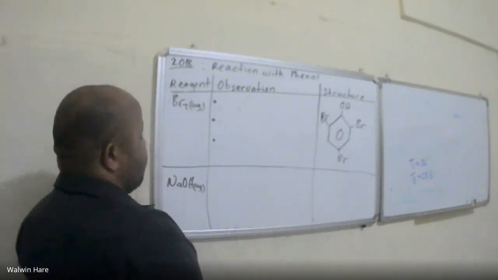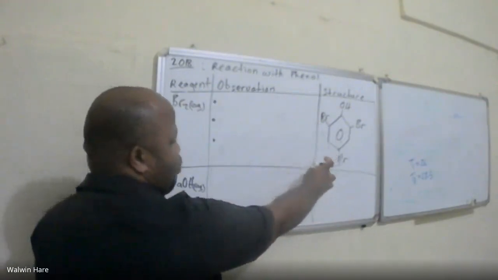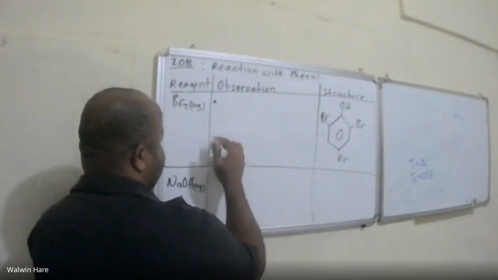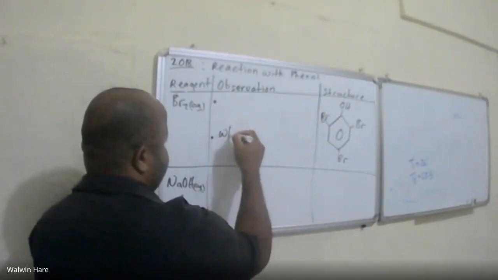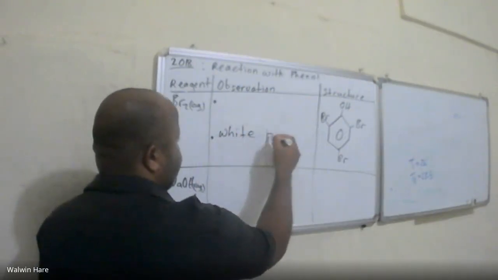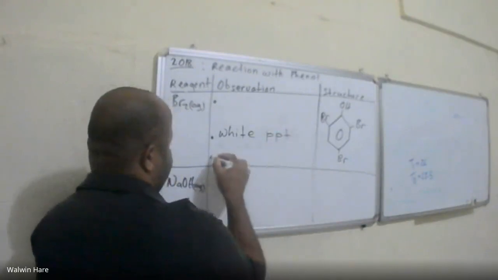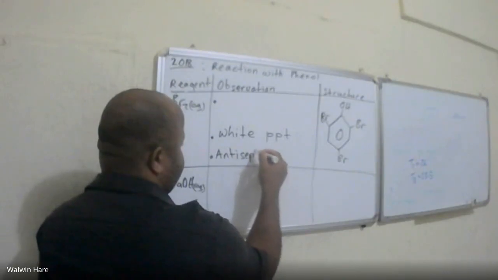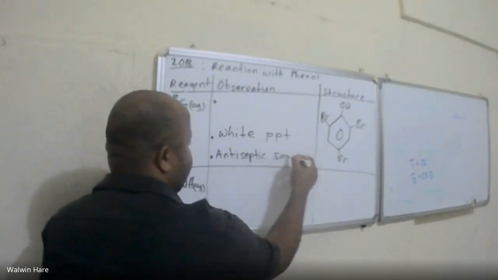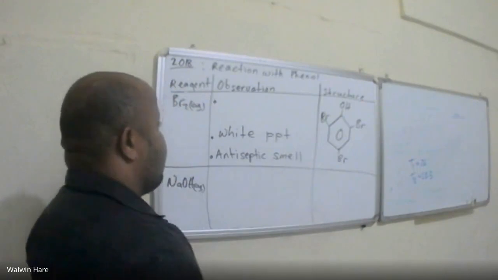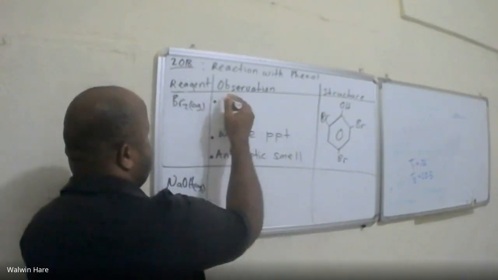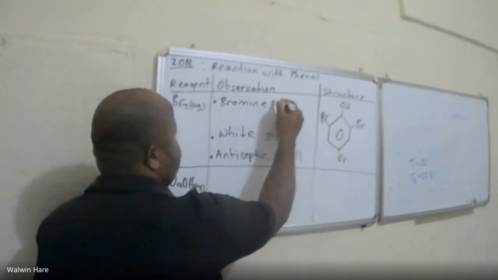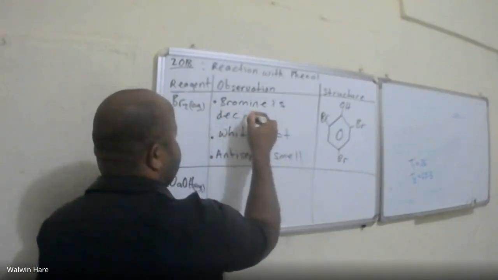Now, 2,4,6 tribromophenol is a white precipitate. And it will also generate an antiseptic smell. And the bromine is decolorized.